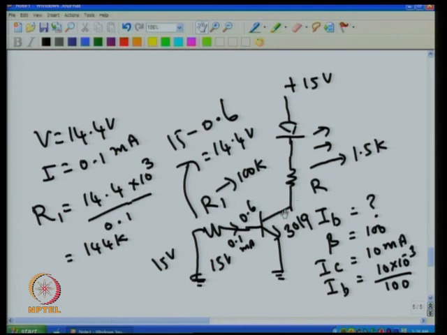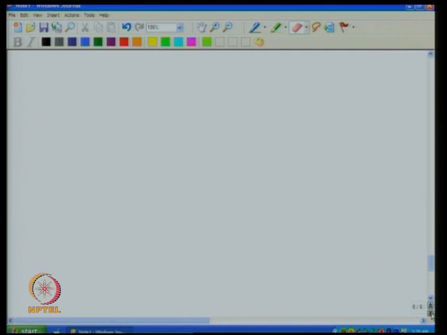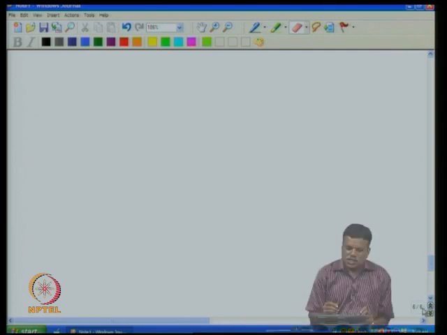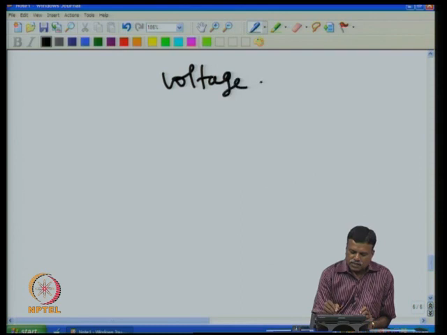Now let us see what other things they had done using the transistor earlier, before the operational amplifier had come in. See, another application they had done using the transistor was voltage regulators. For example, we might have seen the transistor as a voltage regulator.